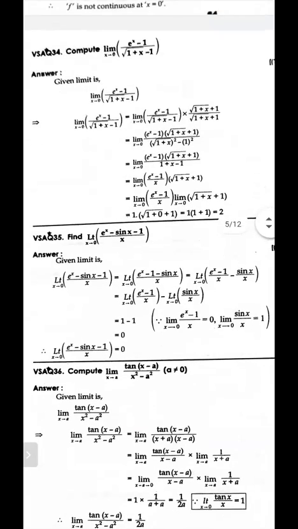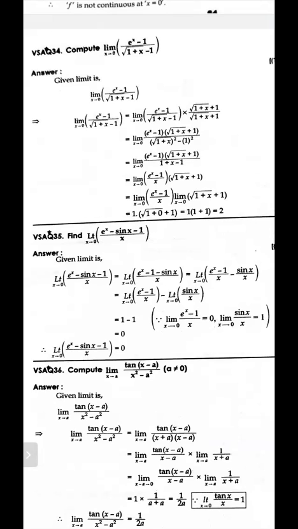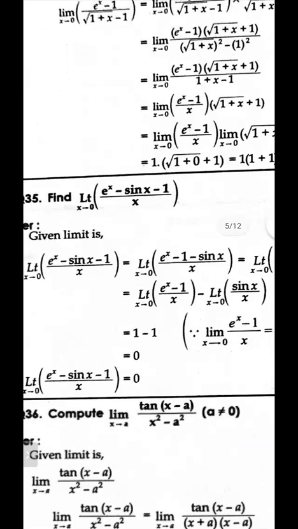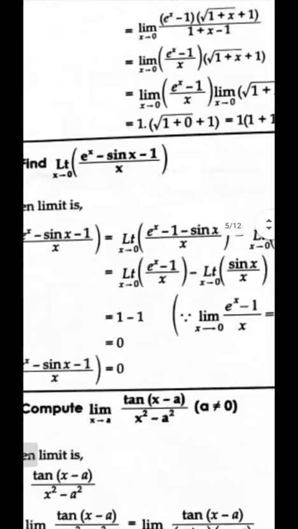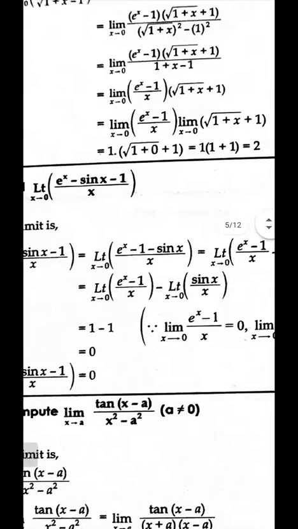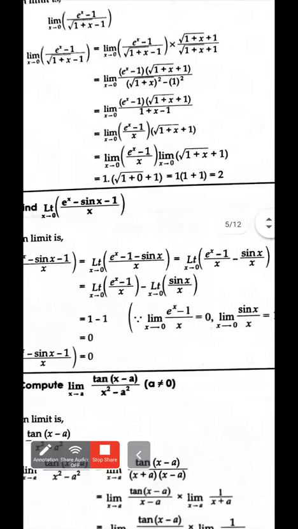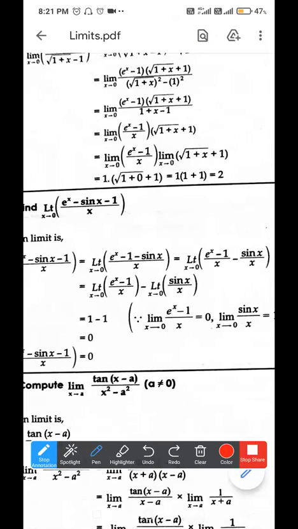Now next one. Find limit x tends to 0 of e power x minus sin x minus 1 by x. Limit is given to us. What we have to do? The first step is split it. If you are perfect in formulas, then only you can identify. Split this part and this part.